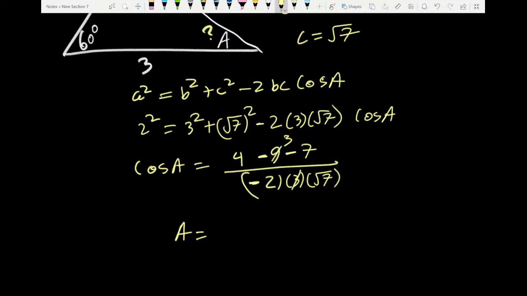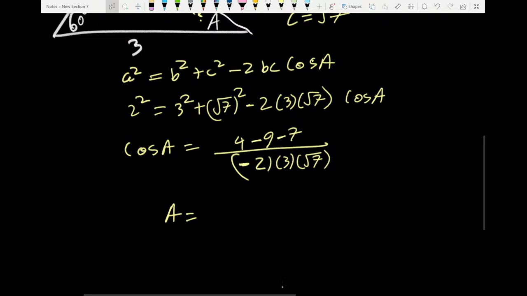Let's do all that in the calculator. Oh no, what am I doing? Let's simplify that first before I do that.